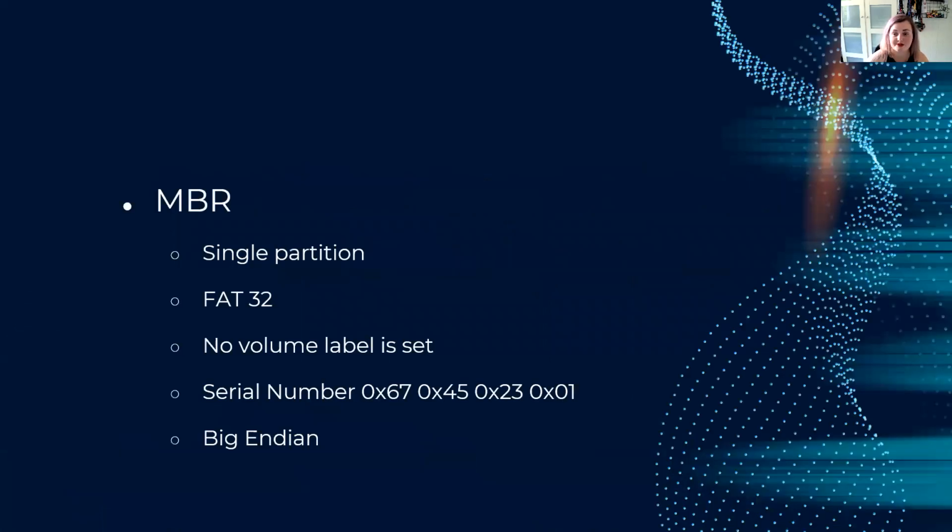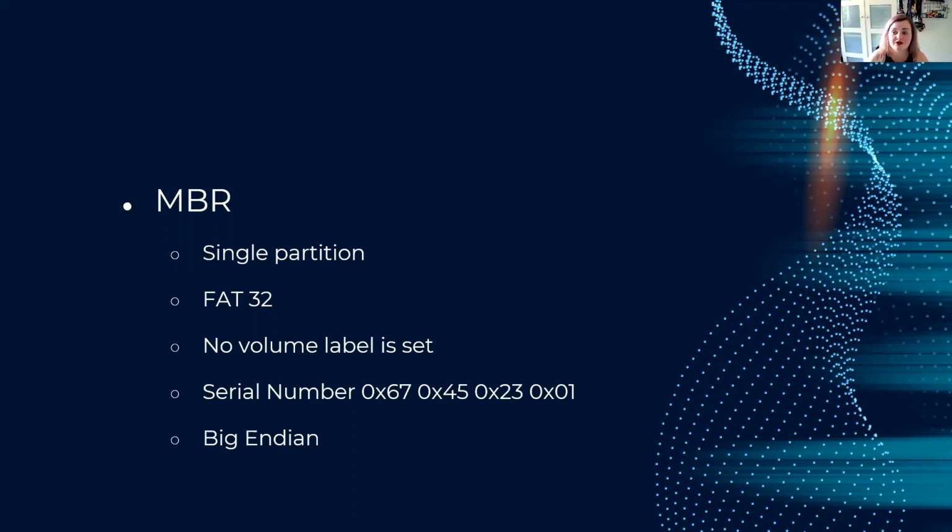Now, this specific one had a master boot record with a single partition on it, which was a FAT32. There was no volume label set for this specific one, but there was a serial number. The recordings of the data were in big endian, so I can already anticipate what kind of hardware it is, because there's specific hardware that works with big endian systems.